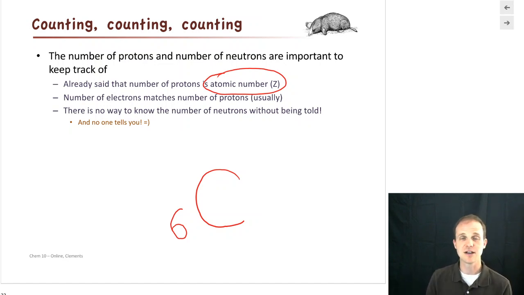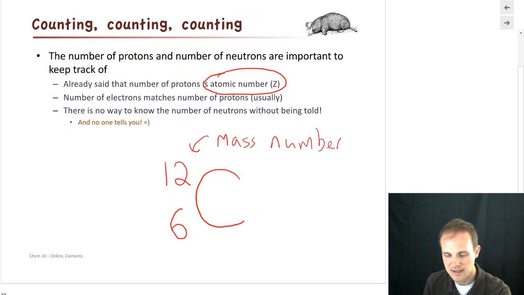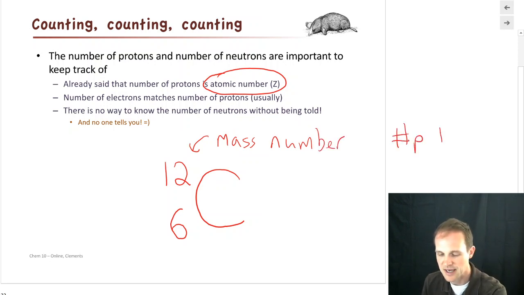Now, even though we need to know the number of neutrons, nobody tells you that directly. Oh, what a pain. They only give you that number indirectly, by putting a number in the top left here, which is called the mass number. Now, what is the mass number? The mass number is the number of protons plus the number of neutrons.